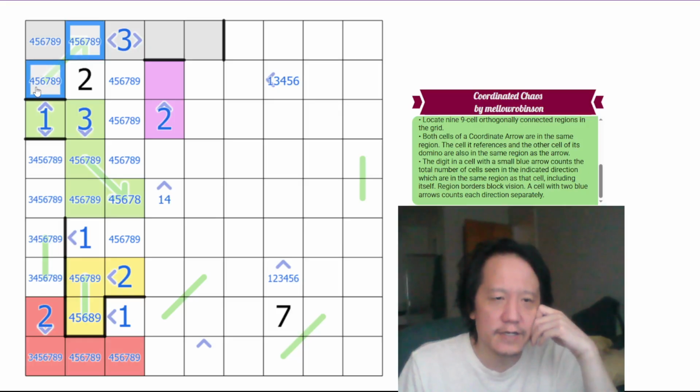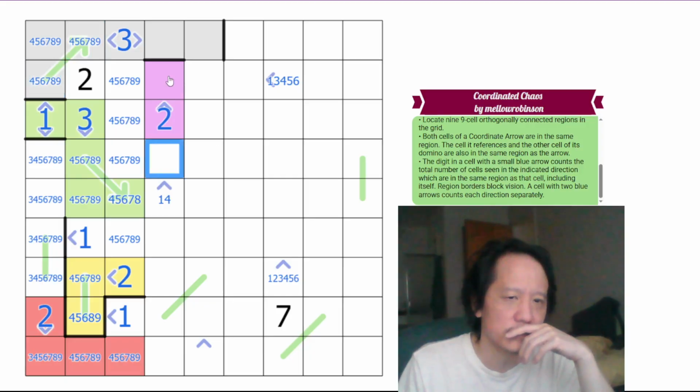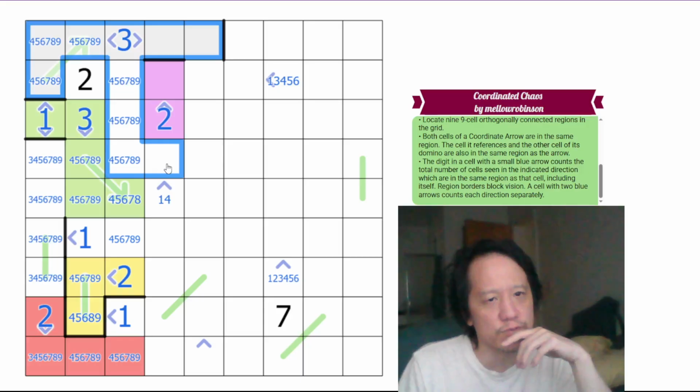This light needs an arrow, which is part of the same region. So we have 4 and 4 as possible. But that would be, so we have 1, 2, 3, 4, 5, 6, 7, 8, 9, 10. So 4 and 4 doesn't work.